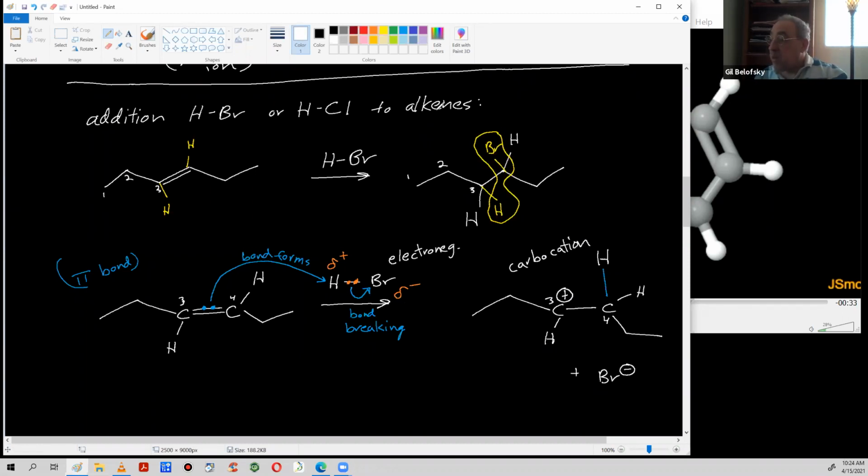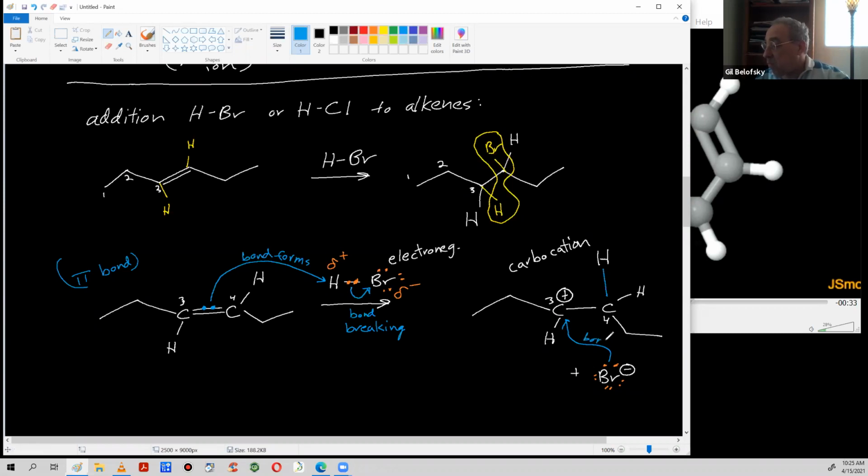The bromine then, having extra electron density, in fact, this bromine, to be really specific, has 4 lone pairs on it, whereas before it only had 3. Once the 2 electrons that were this covalent bond go onto the bromine, now it's got 4, and now it's negatively charged. And it's all set up to simply form the final bond there.